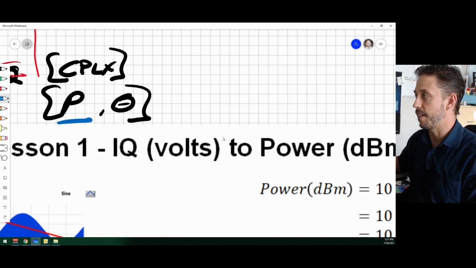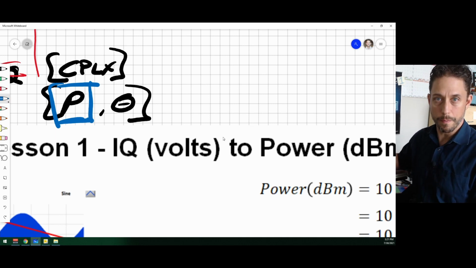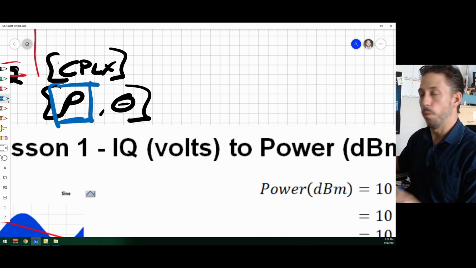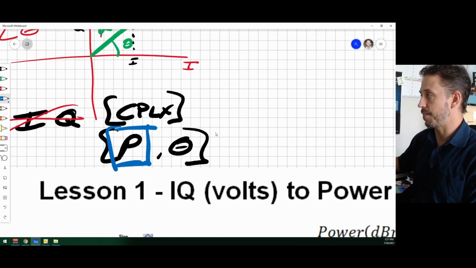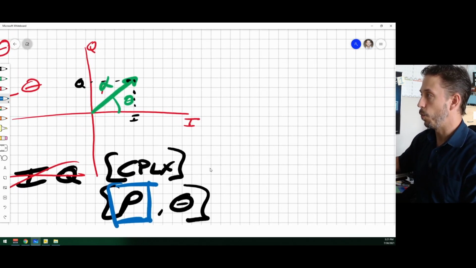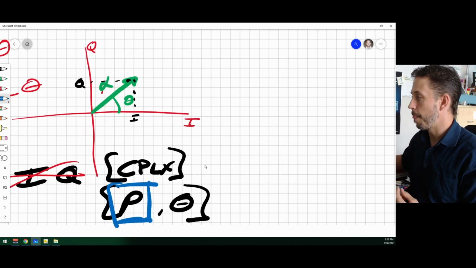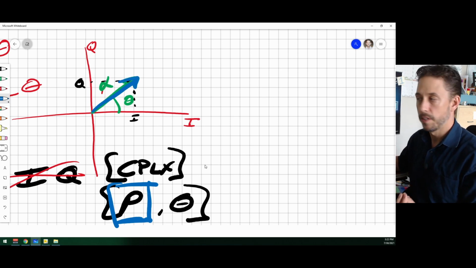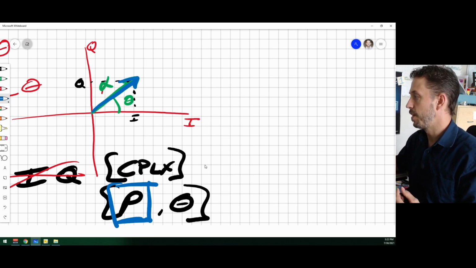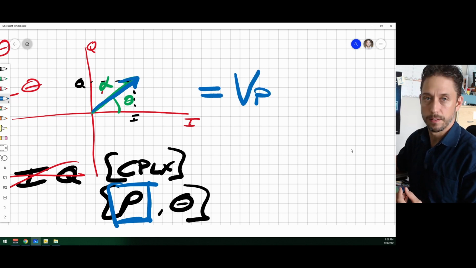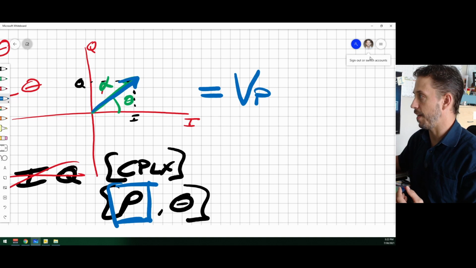It has everything to do with this value of rho and what rho means. So what does rho mean in the essence of a complex data set? Well, rho is relational to the size of that vector. The size of that vector, rho, is equivalent to volts peak over that period of time that you were seeing before.